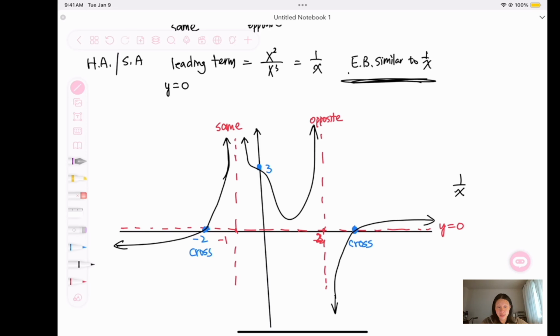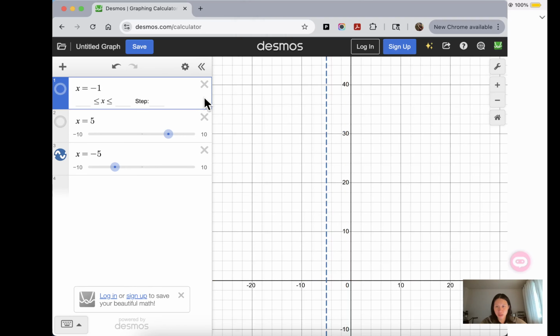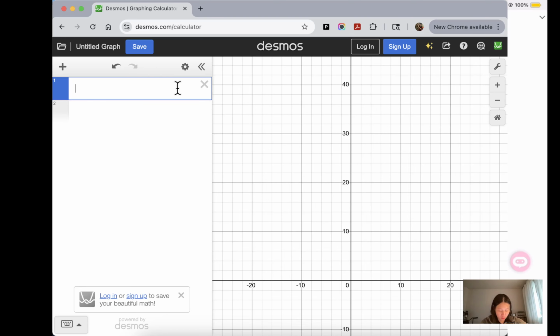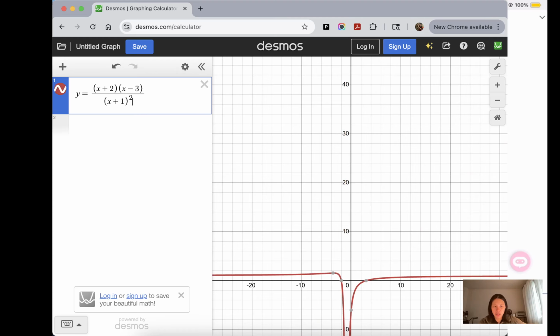Another way to do it is to always check your answer. Now, let's take a look. The graph that we have is y equals x plus 2, x minus 3, and then x plus 1 squared, and then x minus 2.